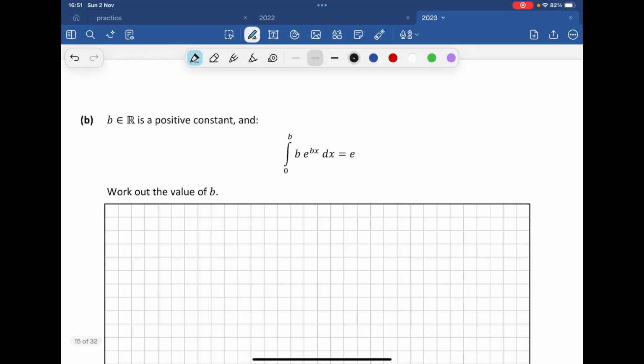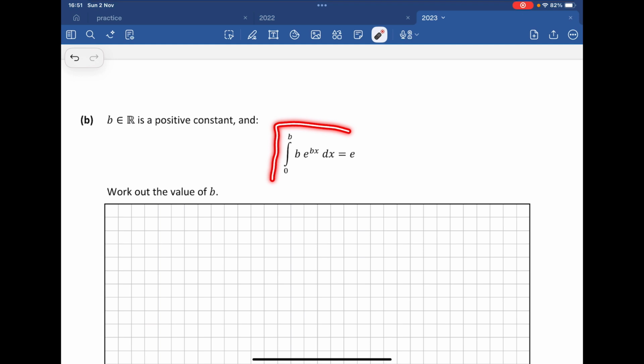Part B of this question: b is an element of the real numbers, which is a positive constant, and we are given this integral here. First thing when you see an integral like this, I want you to turn to your log tables book, where you have the table of all of the integral conversions.